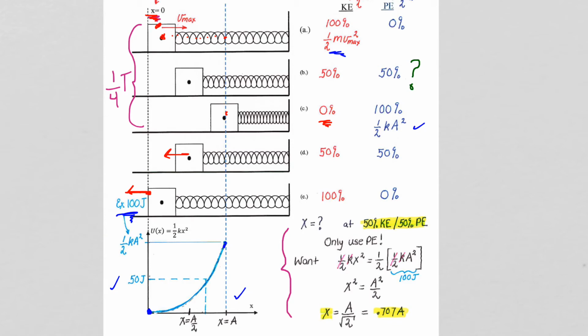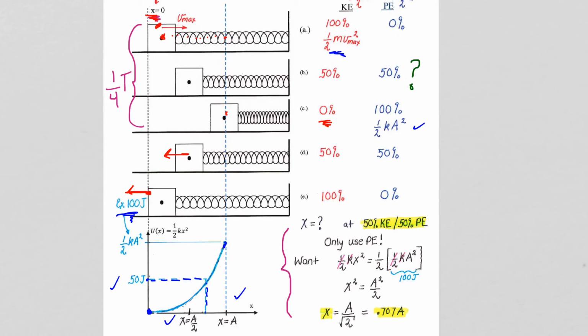At some point in time, it would be at the 50 joule mark. Get this representation down: because the potential energy function is nonlinear, we are definitely not at the halfway point. And the halfway point will definitely be an option for you on a multiple choice question, or if this type of concept is asked on the AP test.